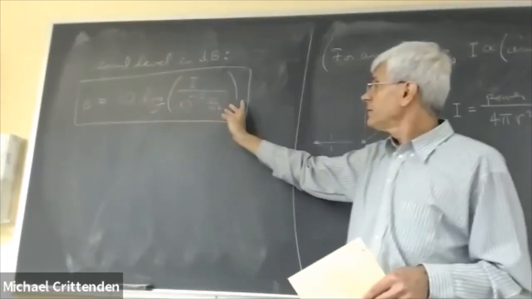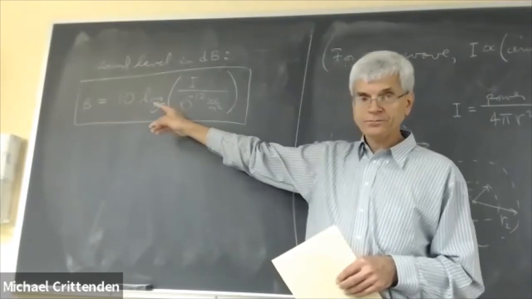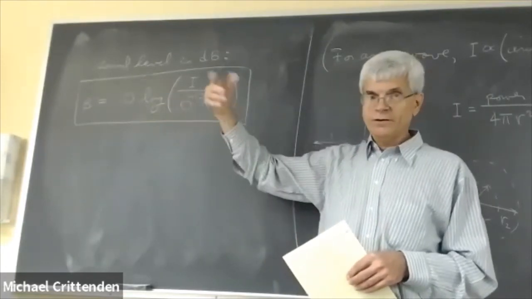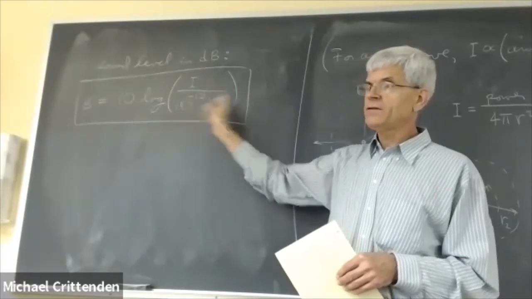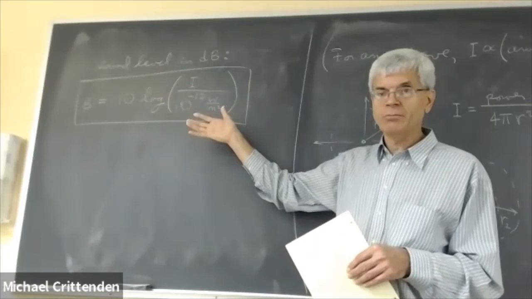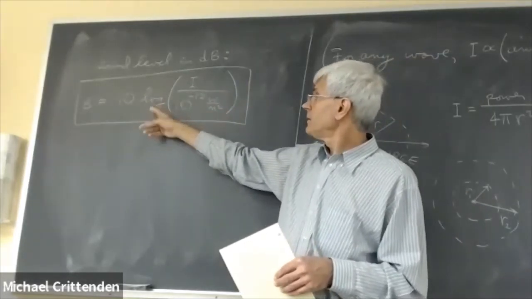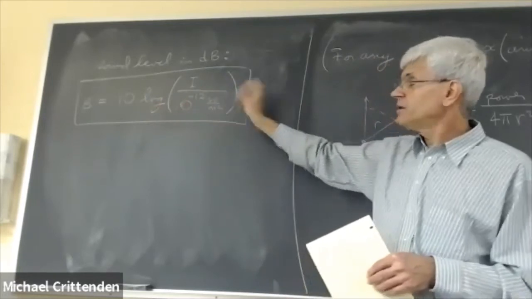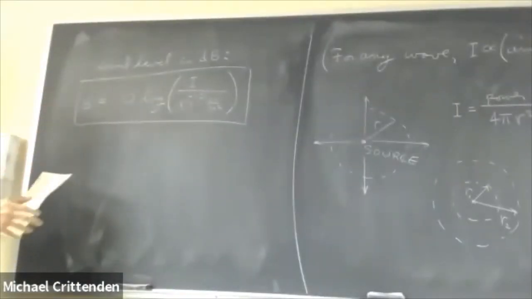You take the logarithm of that. This is a common log, by the way, a log to the base 10. Usually when you're describing nature, you're using natural logs, but this is not describing nature. This is just some definition somebody made up one day, and so it uses a common log. So the logarithm of that ratio is called a bell. You put the 10 on there, and that makes it decibels.